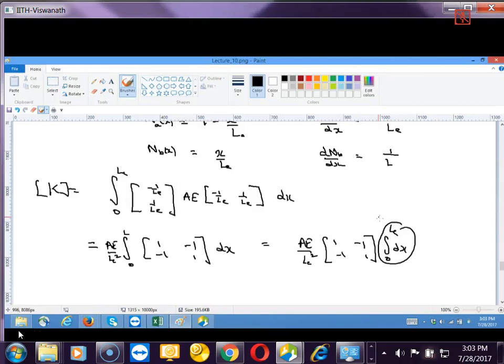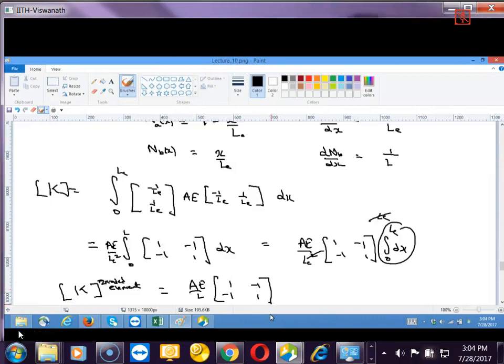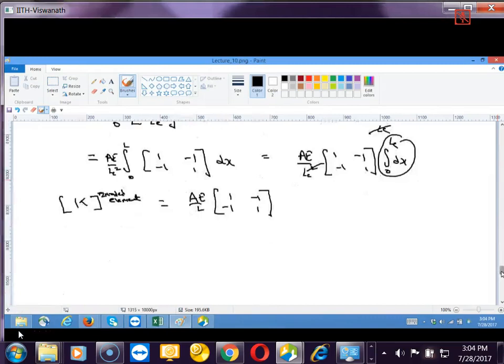So my K matrix for a two-noded element is given by AE by L times 1 minus 1 minus 1 and 1. This is the thing I used yesterday when I gave the example, and I said that I will define it at a later point. So this is the stiffness matrix for the two-noded element.